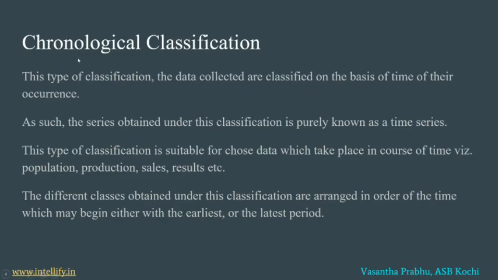Next method is chronological classification. In this type of classification, the data are collected or classified on the basis of time of their occurrence. So in this classification, if we are having data, we will classify the data based on the timing, like the happenings from this time to this time, and then from 8 a.m. to 9 a.m. will be classified in one group, like that.